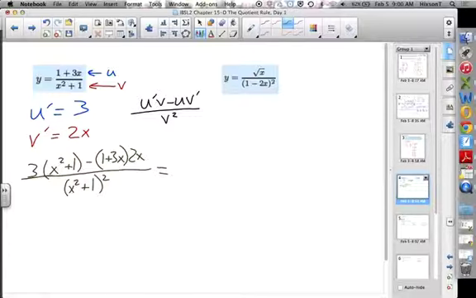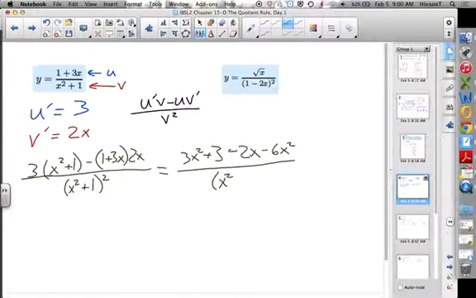We have a 3x squared plus 3. And then we need to distribute the negative and the 2x into this set of parentheses. So we'd have a minus 2x and a minus 6x squared over that x squared plus 1 squared. Or you leave it. I would leave that, yeah.